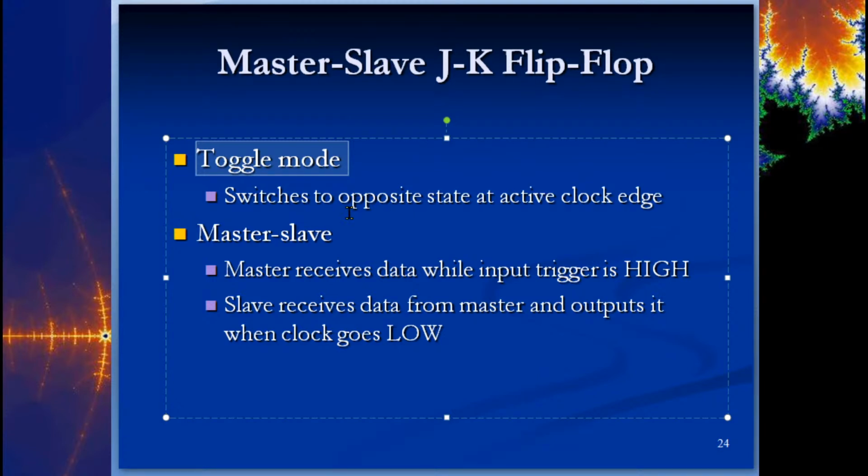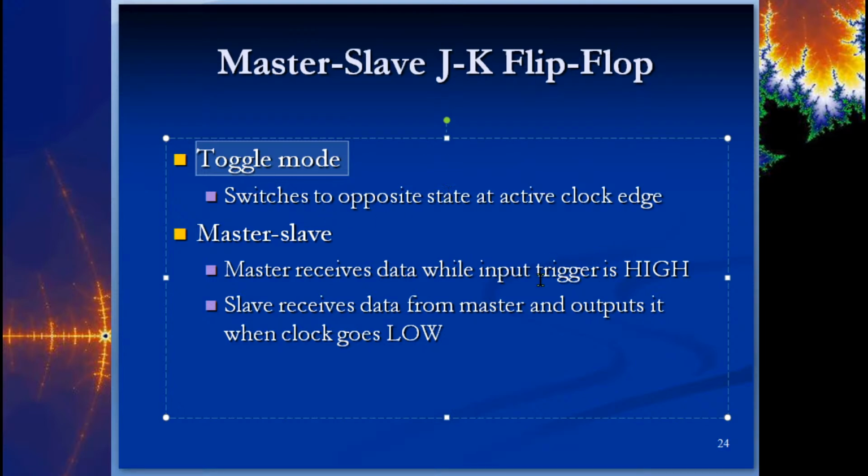So what the master-slave JK flip-flop does is it allows a pair of SR flip-flops to work together, and because of how we can cross-couple back to the beginning AND gates, we can have a fourth condition where we use that 1-1. Now when we have a 1-1, Q is toggled. That means if it was a 0, it becomes a 1. If it was a 1, it becomes a 0. And so if we're going to start counting in binary, that becomes a very, very useful thing.